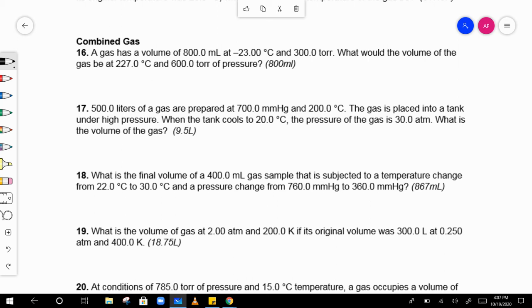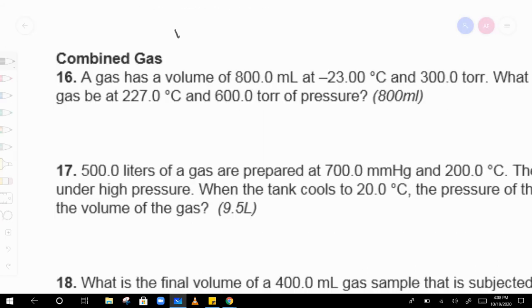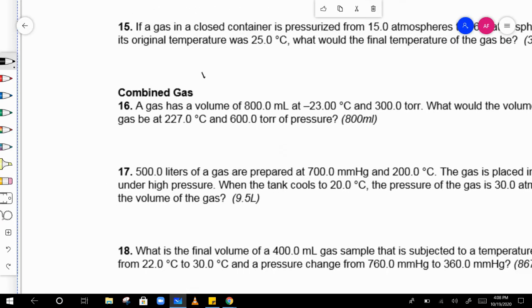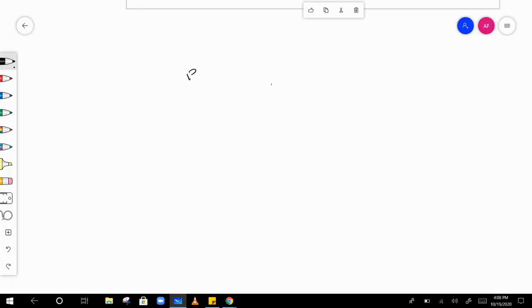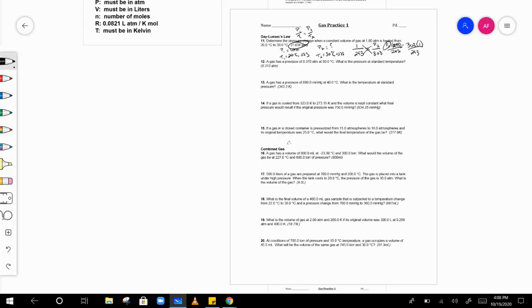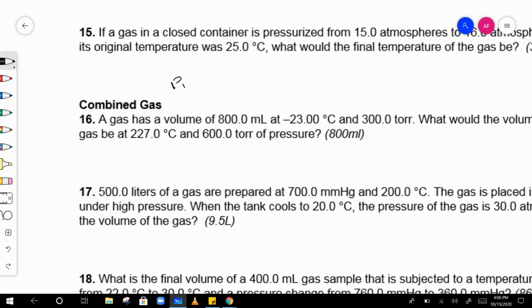It's P1 V1 over T1 equals P2 V2 over T2.